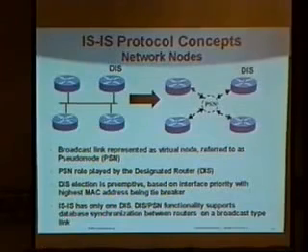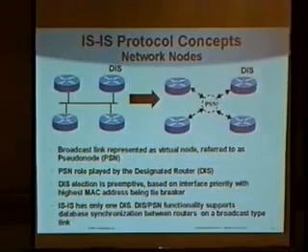And if interface priorities are the same, then we choose the DIS with the highest MAC address, or SNPA, that we talked about before. And there's only one DIS also, which is very interesting. But that's because we have reliability achieved in a certain other way, and I'll go on to talk about that. But there's only one DIS, there's no backup DIS. If that DIS dies, another DIS is selected right away.